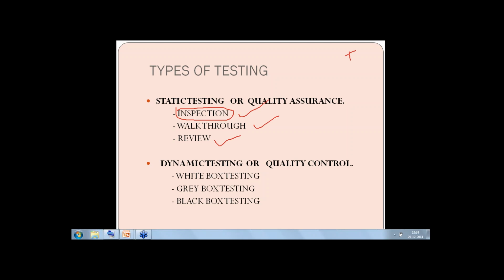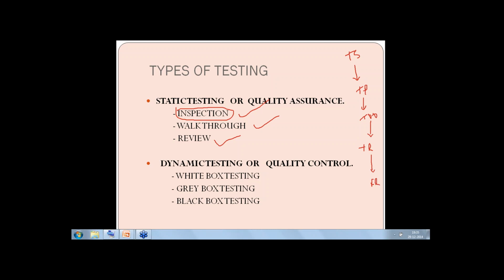So, let's say you have a test strategy document or a test plan document, or, sorry, a test design document, or a test report document, or let's say a final report document.